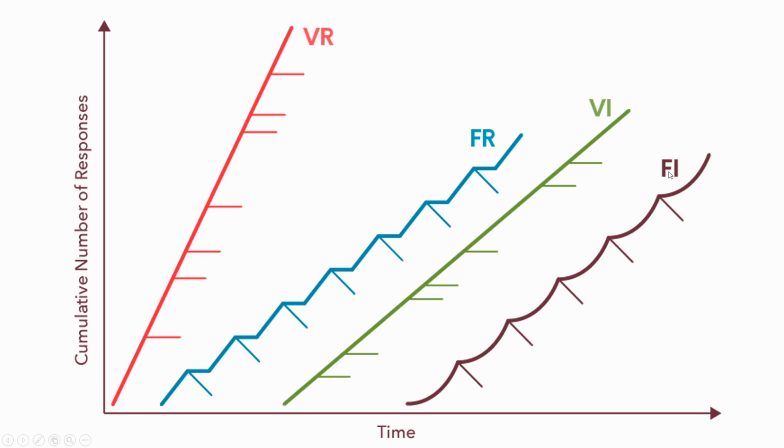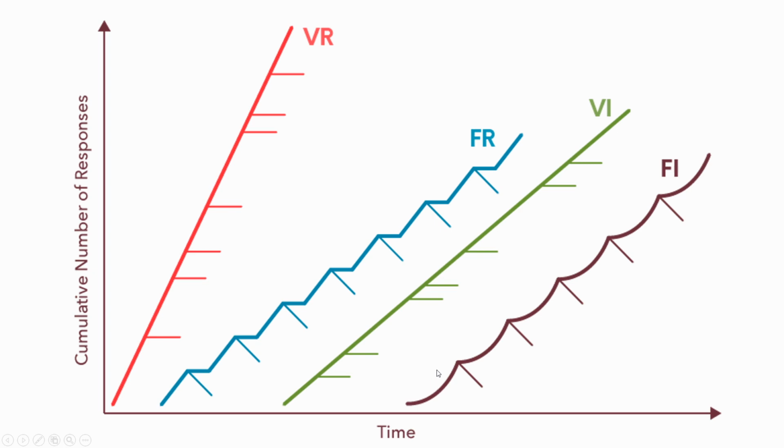And then if we look at our fixed interval here, so after a certain amount of time has passed, they will receive reinforcement, we see that kind of a step-like function like here, but instead of it being a hard sort of straight horizontal cutoff, we see sort of a curve upward. So it looks more like a scallop.